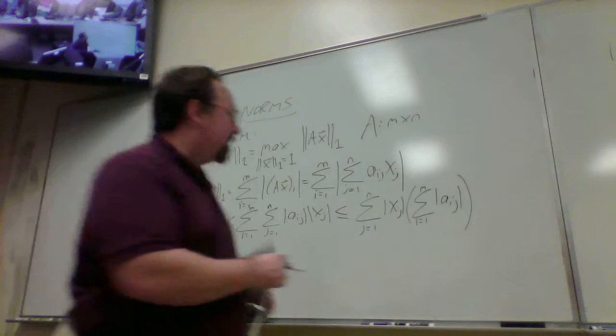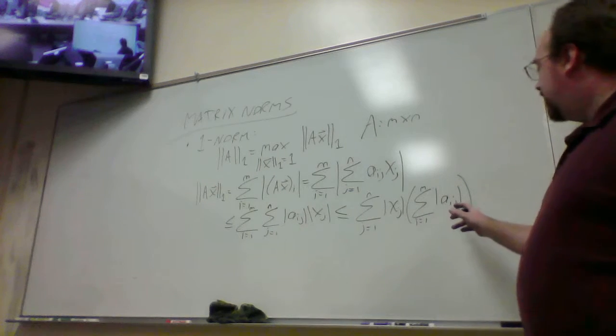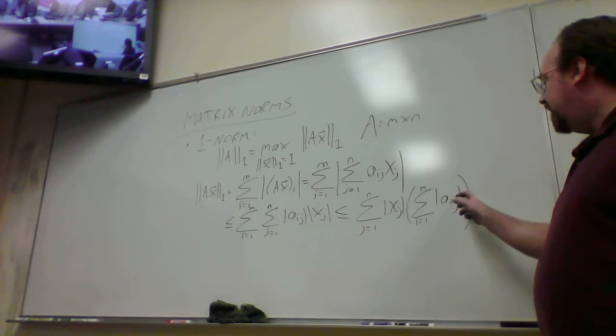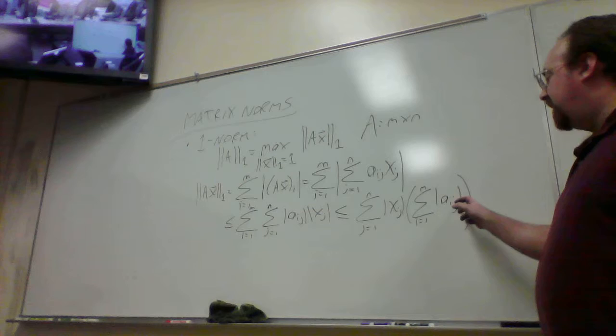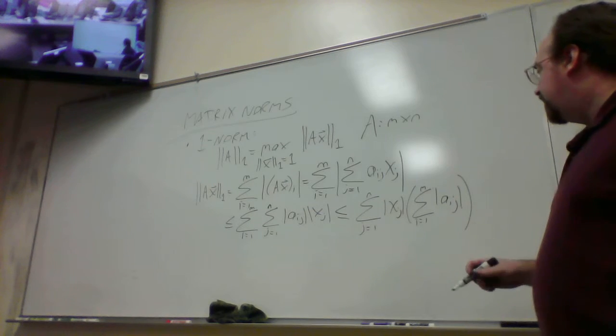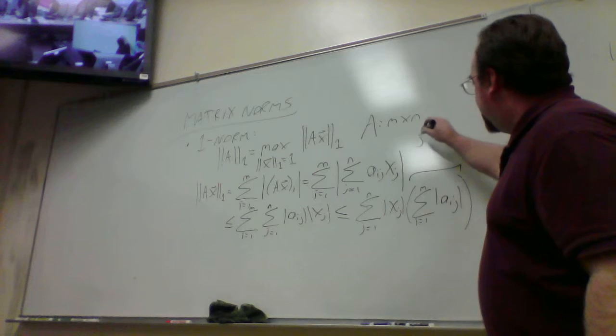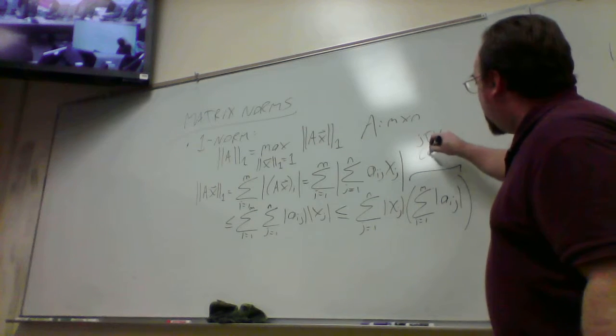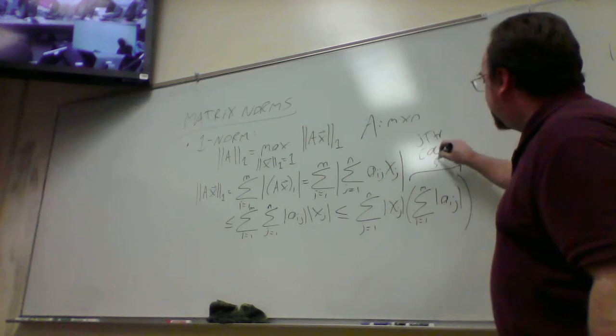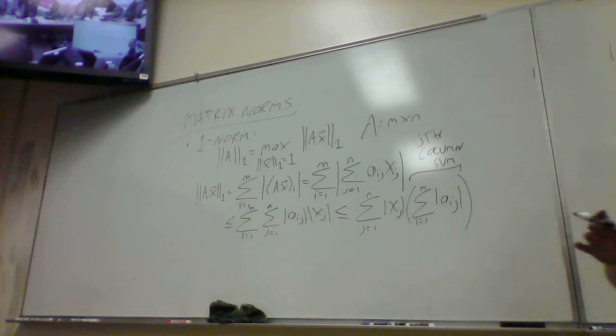So what we have here, notice the index i is changing in this inner sum, the index j remains fixed. So what this is the jth column sum. So what I'm doing is I'm taking all the entries in column j, taking their absolute values, and then summing them up.